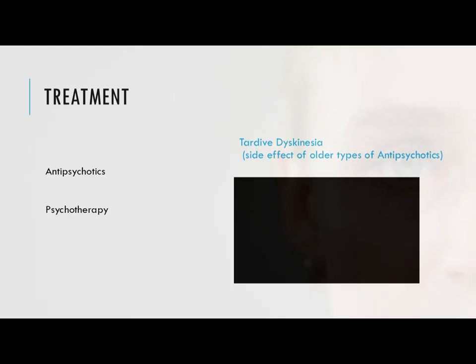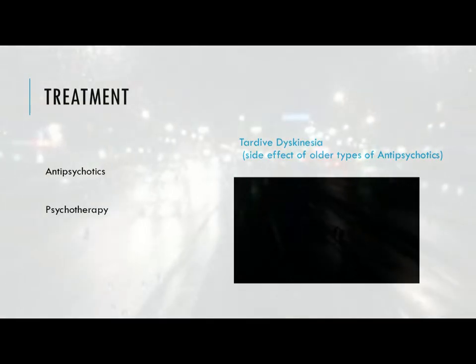And these reduce symptoms like delusions and hallucinations while they affect other symptoms. The problem is that they're a little too broad, and so they impact other parts of the brain.